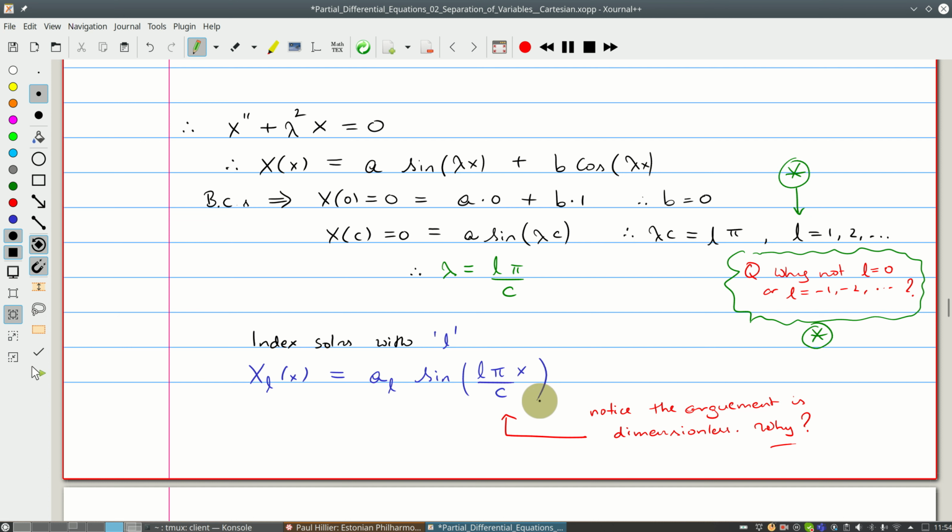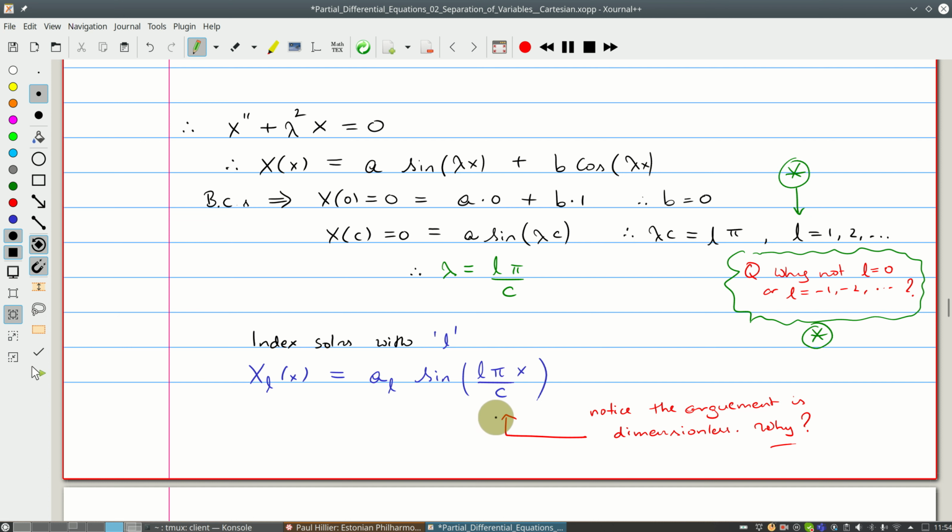I'd like you to note something here. The argument of the sine: L is an integer, pi is a mathematical constant, x is a physical variable with dimensions of length, and c is a physical constant with dimensions of length. So the total argument doesn't have dimensions.